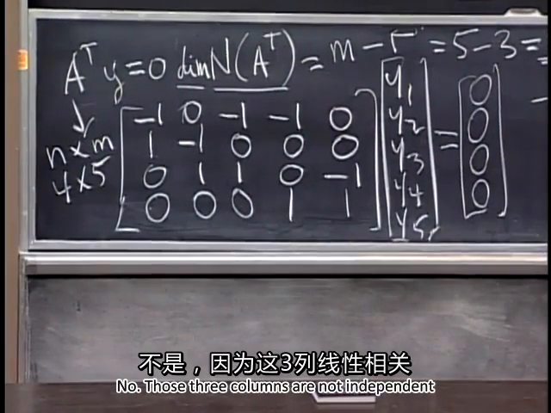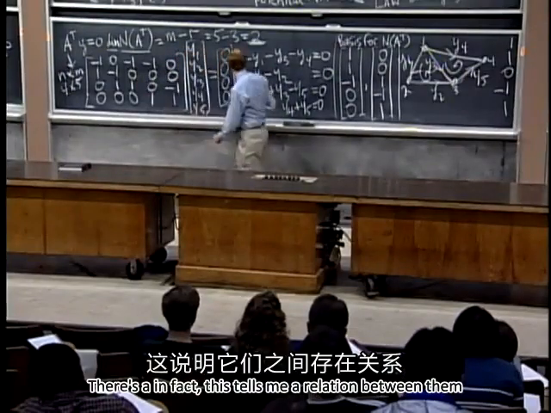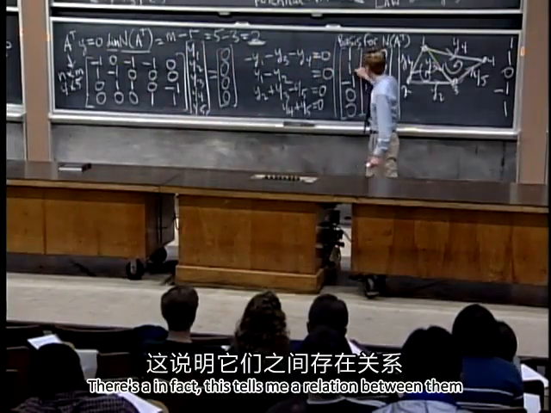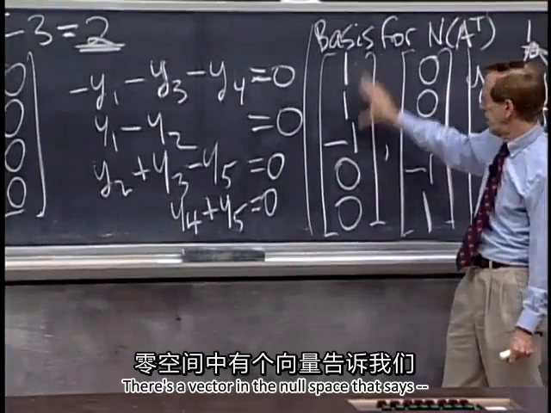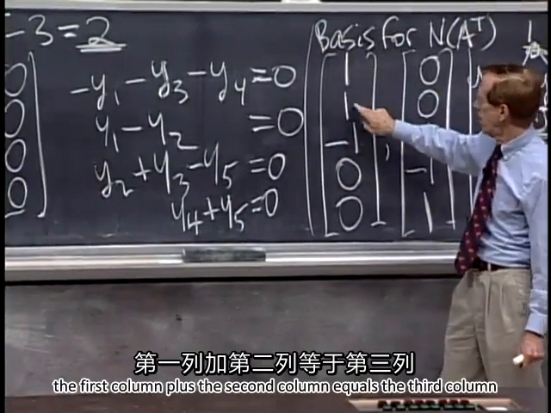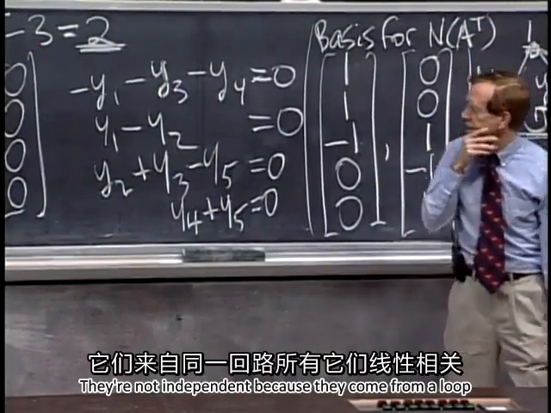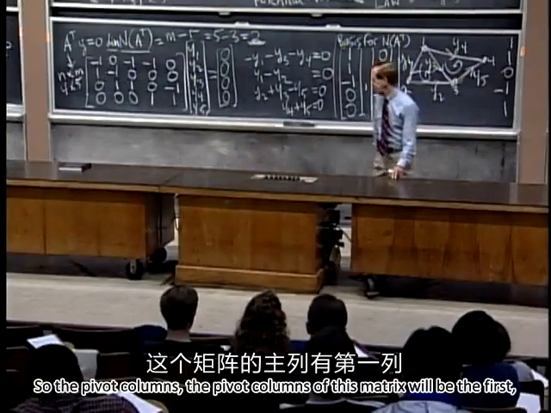No. Those 3 columns are not independent. In fact, this tells me a relation between them. There's a vector in the null space that says the first column plus the second column equals the third column. They're not independent because they come from a loop.